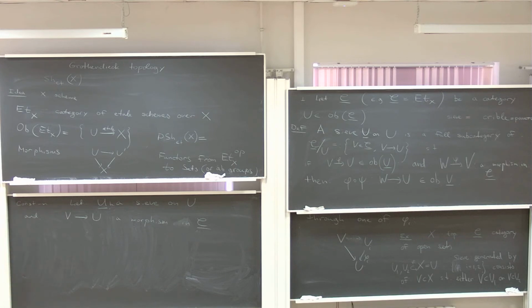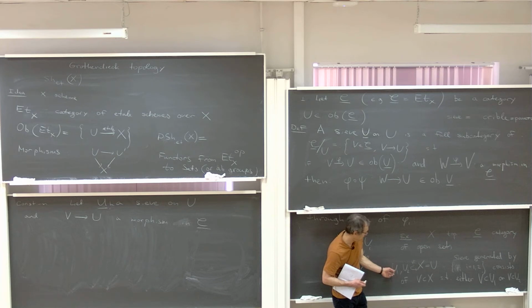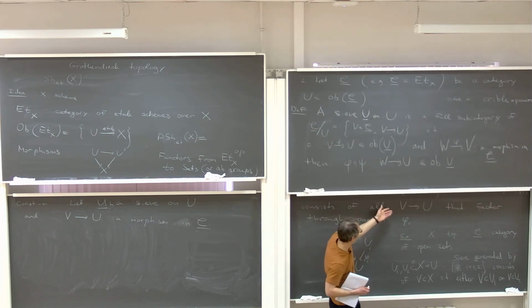So let's do it together. Think of this model example. Sieves on X consist of, well, every sieve is generated by some collection of elements, right?